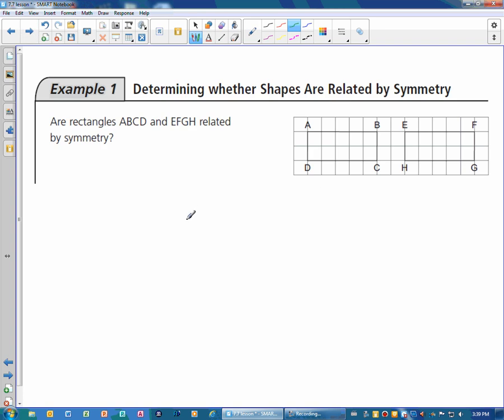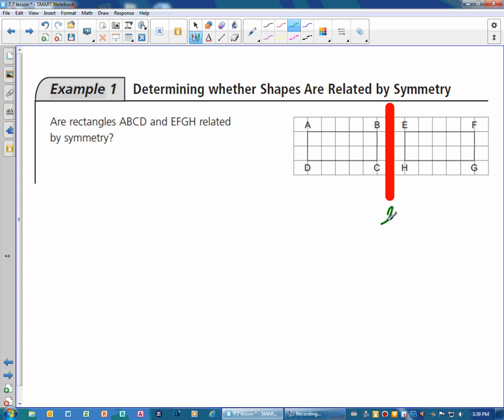Okay, so let's take a look at this example number 1, which is very easy. It says our rectangles ABCD and EFGH related by symmetry. Hopefully you're thinking to yourself, well, yeah, it is, and the line of symmetry is right here. So you could easily show that ABCD has been reflected over this line.